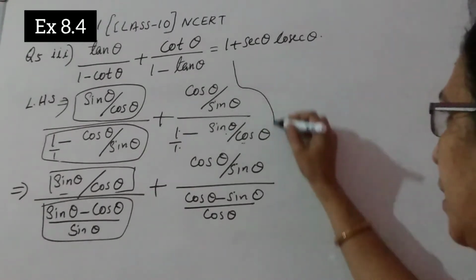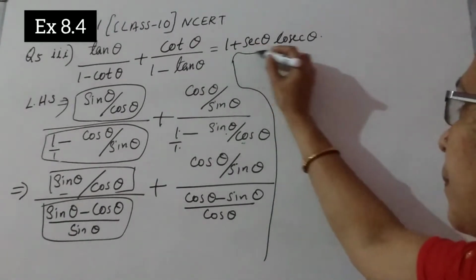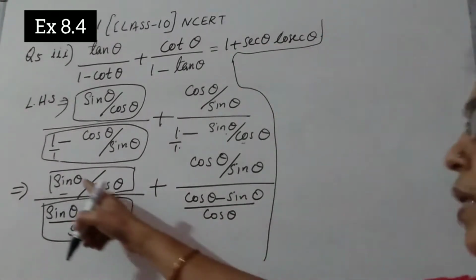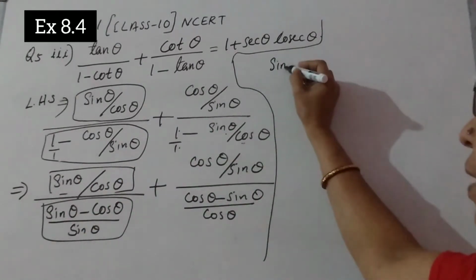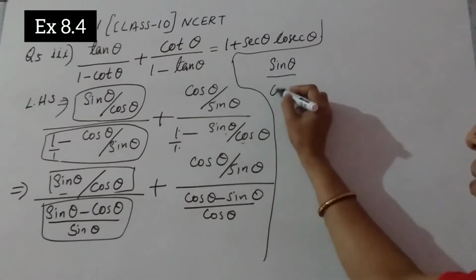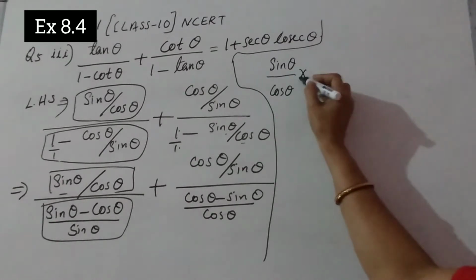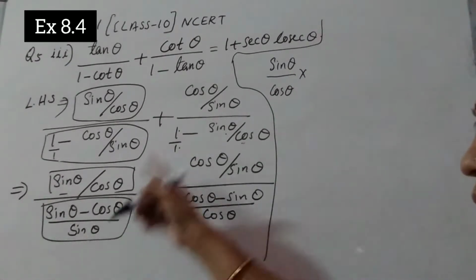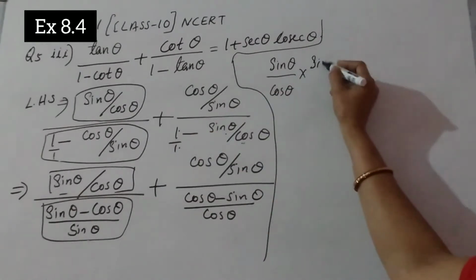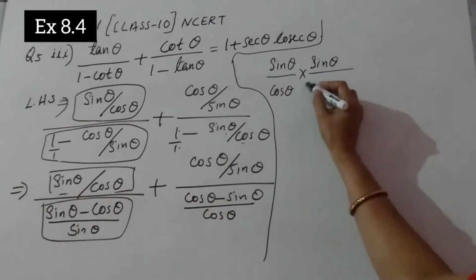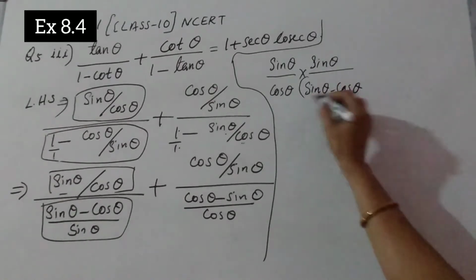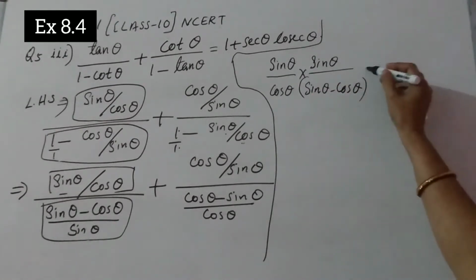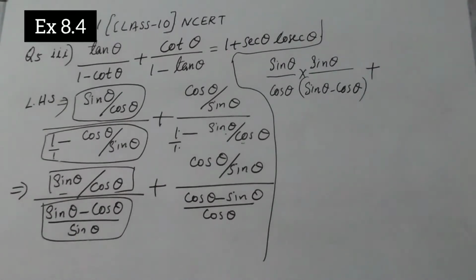So when we are taking the reciprocal, sin theta by cos theta, numerator you have to write as it is. So sin theta by cos theta into sin theta by sin theta minus cos theta. Next expression also you have to do the same.